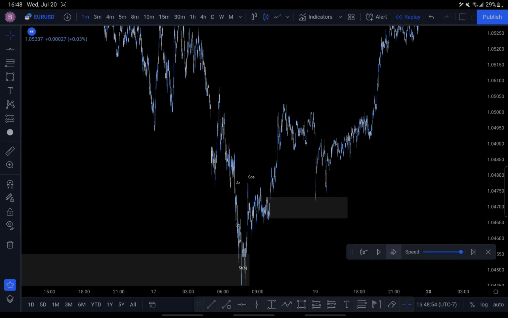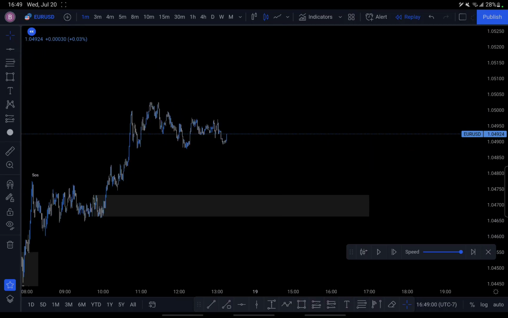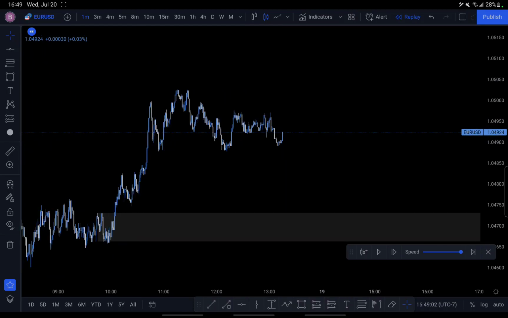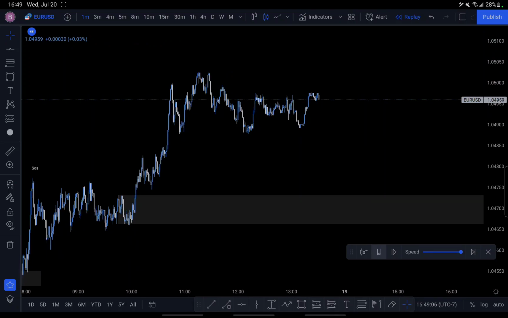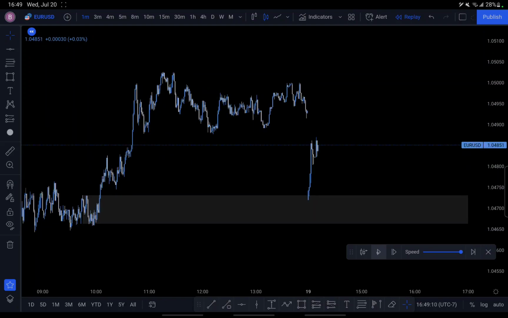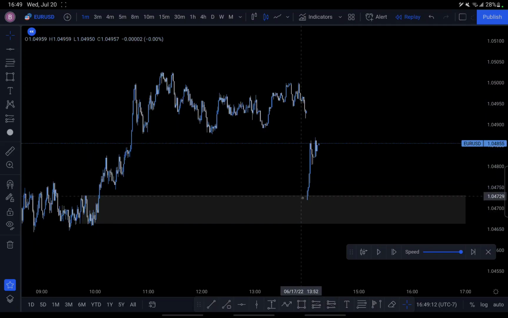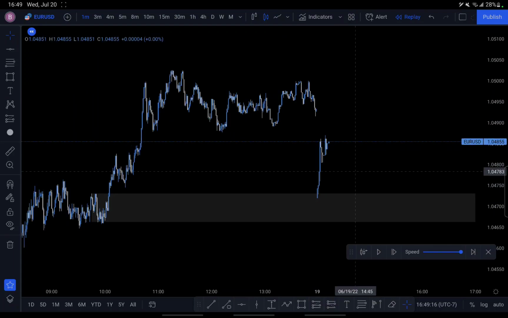Okay, let me rewind a little bit here so we can see how price got into here. Okay, so price just gapped, left a big old gap here. So a little distribution. Let's see.